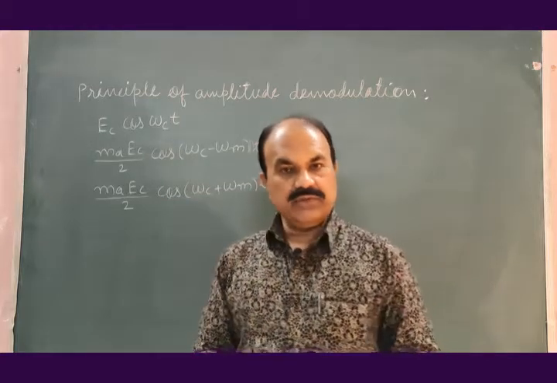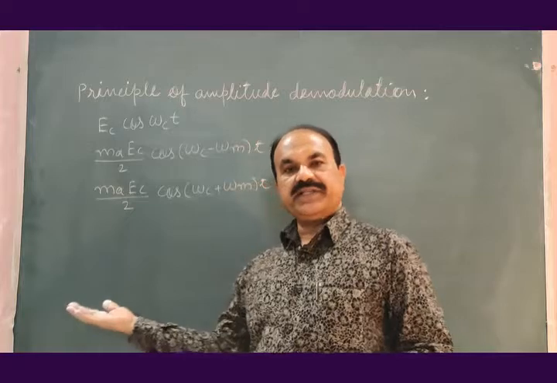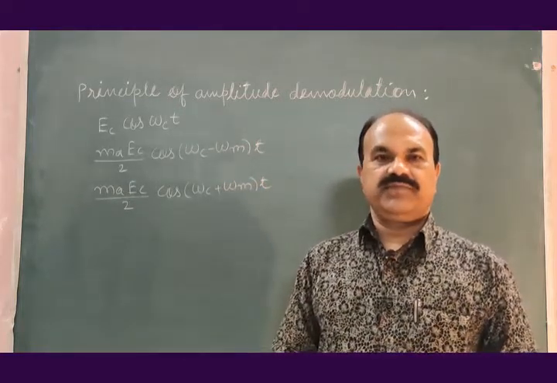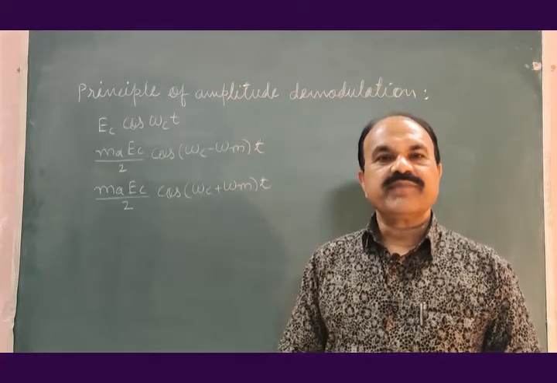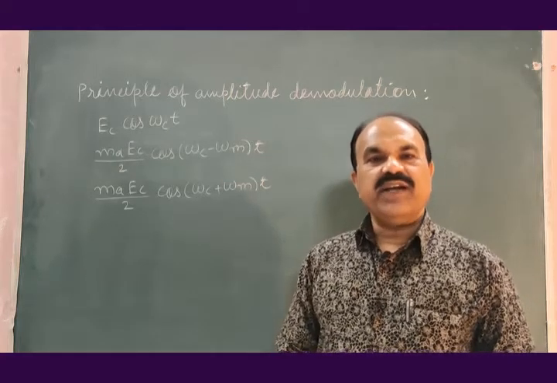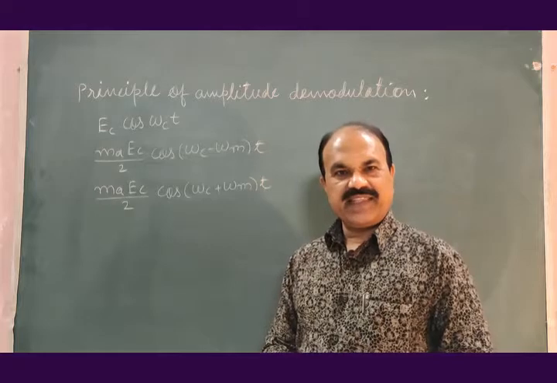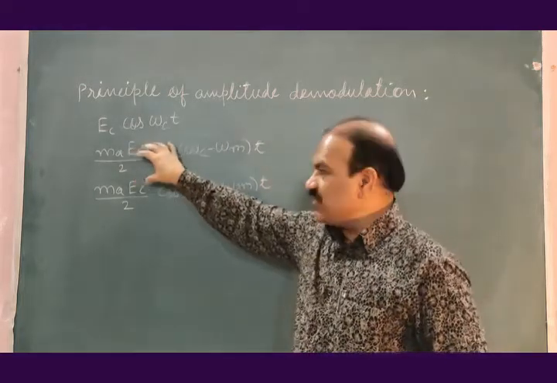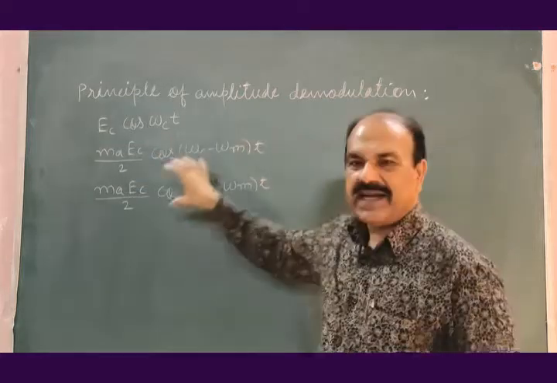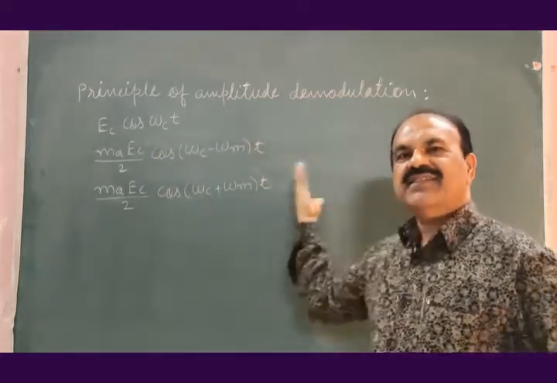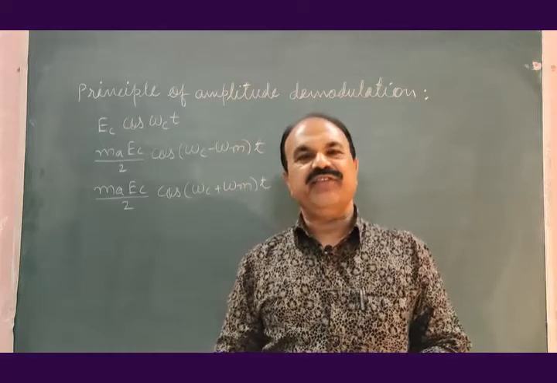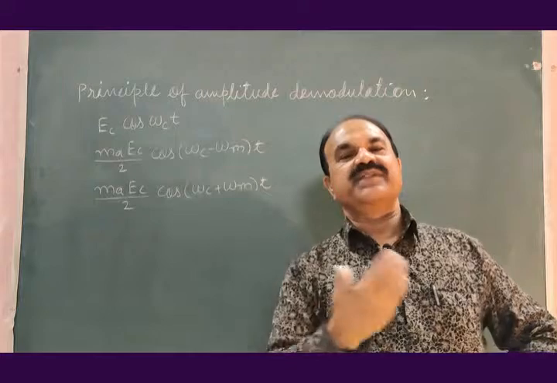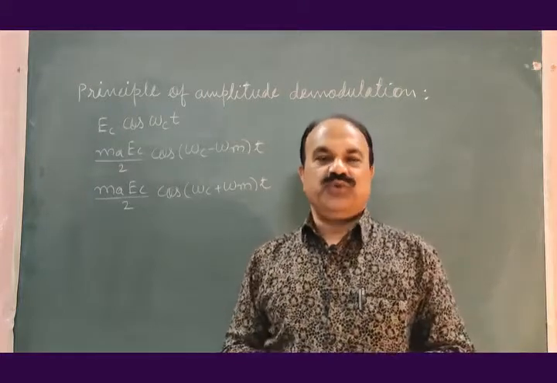So what we do, the amplitude modulated voltage can be given to the transistor at cutoff. What will happen? Depending on the transistor used, it will give us either the lower sideband or the upper sideband at the output.